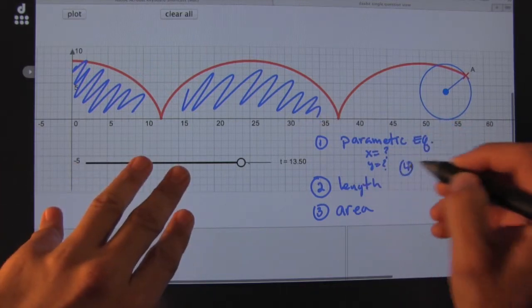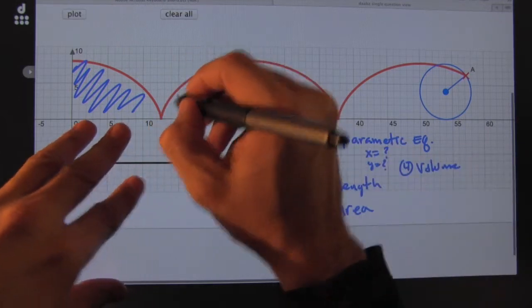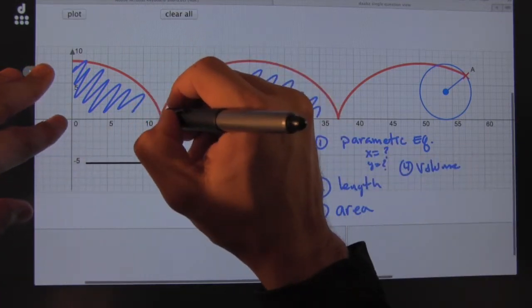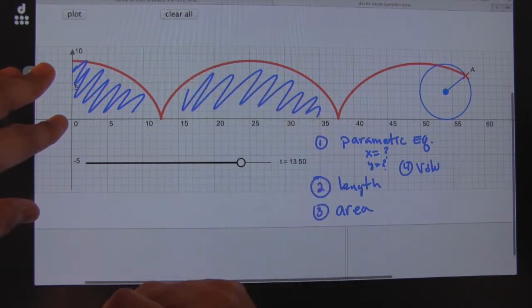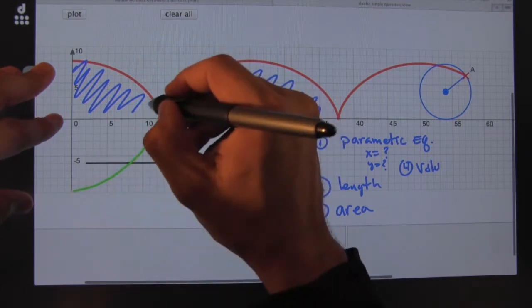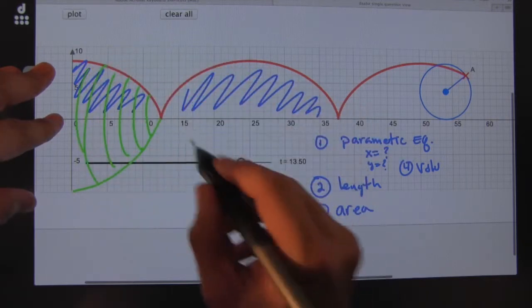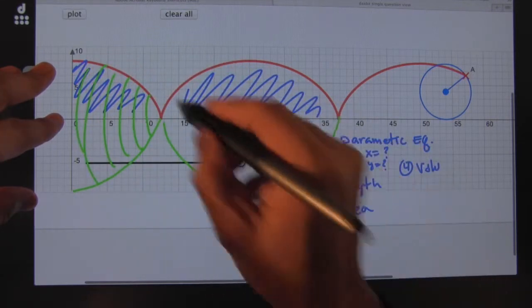Another challenge is, can you find the volume obtained by revolving one of these, revolving it, let's make it green. If you could revolve it around the x-axis, you'd get some shape that looks like this. Or you get another shape that looks like this.